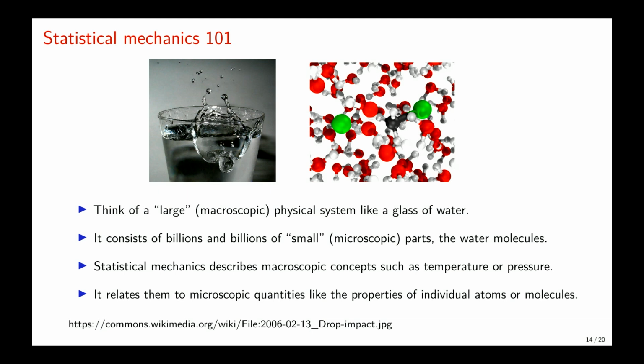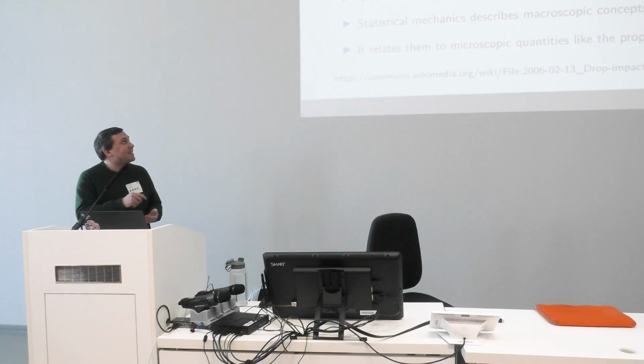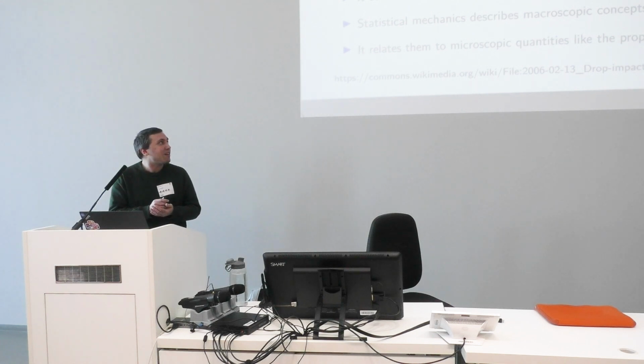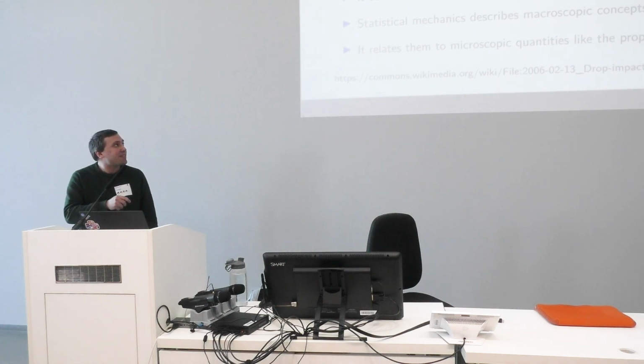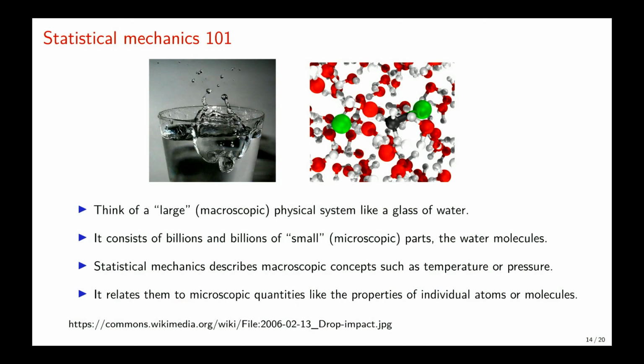But if you go further down to the molecular level, you will see that water actually consists of literally billions and billions of microscopic water molecules. You might even have some poisonous substance in here, but let's not worry about that too much for now. So the main concept behind statistical mechanics is how can we understand the macroscopic properties of our substance by just knowing stuff from the microscopic world. How can we transfer knowledge from the small world to the large world? This is, in essence, what statistical mechanics does.